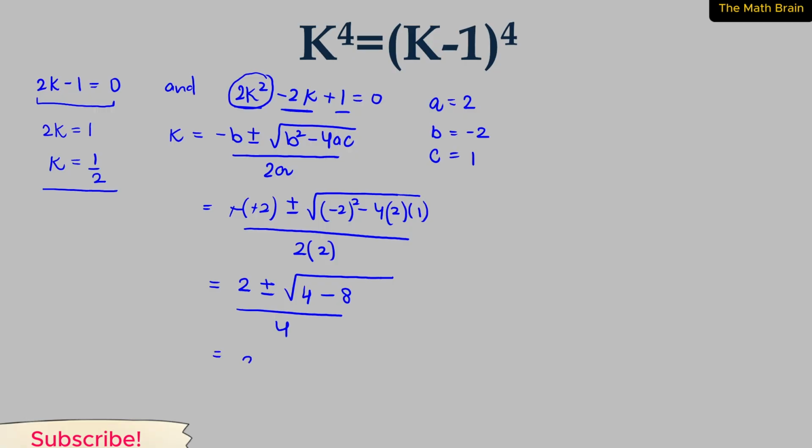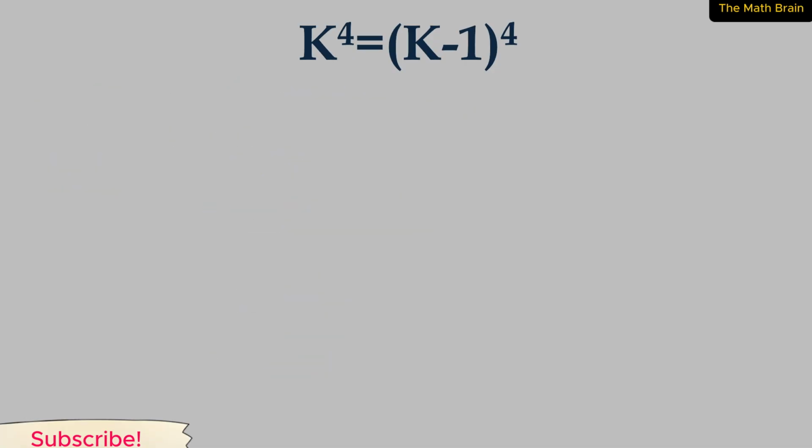Then 2 plus minus under root, this 4 minus 8 is minus 4 upon 4. Now we got k is equal to 2 plus minus under root minus 4 upon 4.